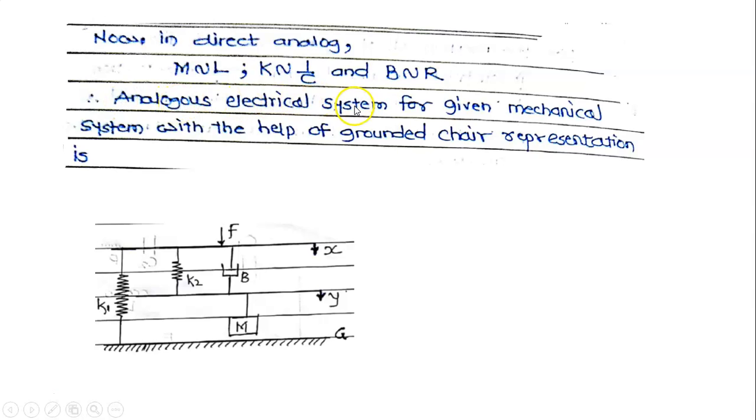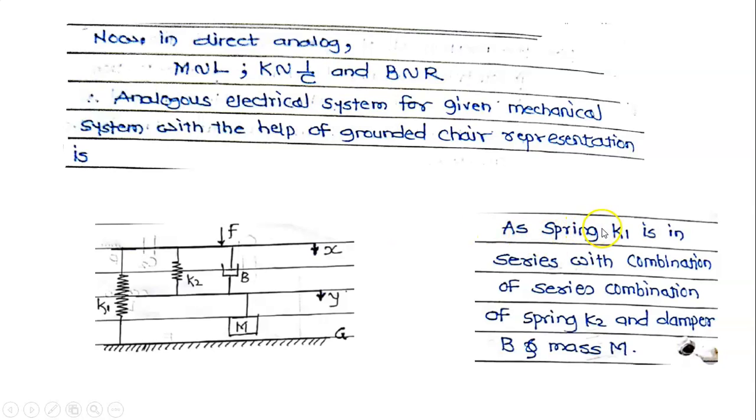Therefore, the analogous electrical system for the given mechanical system with the help of grounded chair representation is as follows. Now what we have to do? Instead of K1, we have to show capacitance C1. Instead of spring K2, we have to show capacitance C2. Instead of damper B, we have to show resistance R, and instead of mass M, we have to show inductor L. Now see how the circuit is.